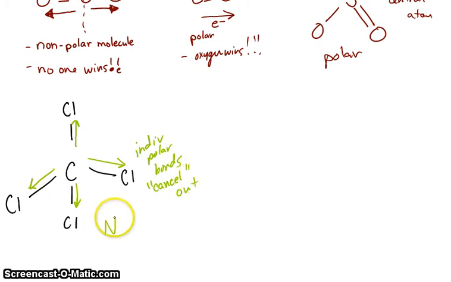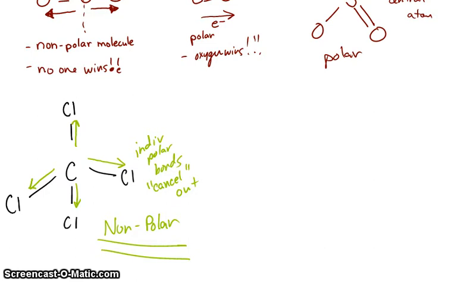And we get a nonpolar molecule. That's very important, a nonpolar molecule. So you need to look at each one and figure out whether the bonds will all cancel out and be nonpolar or whether they won't cancel out.